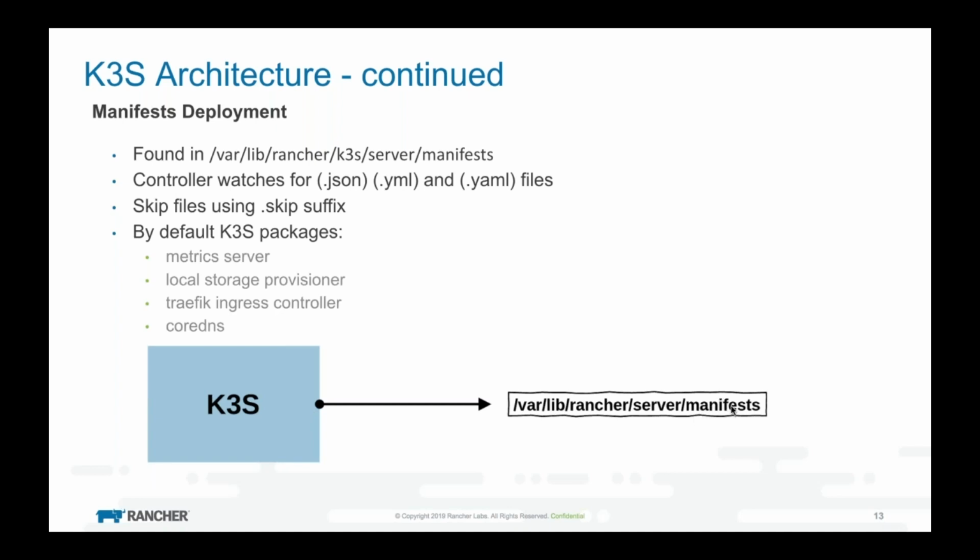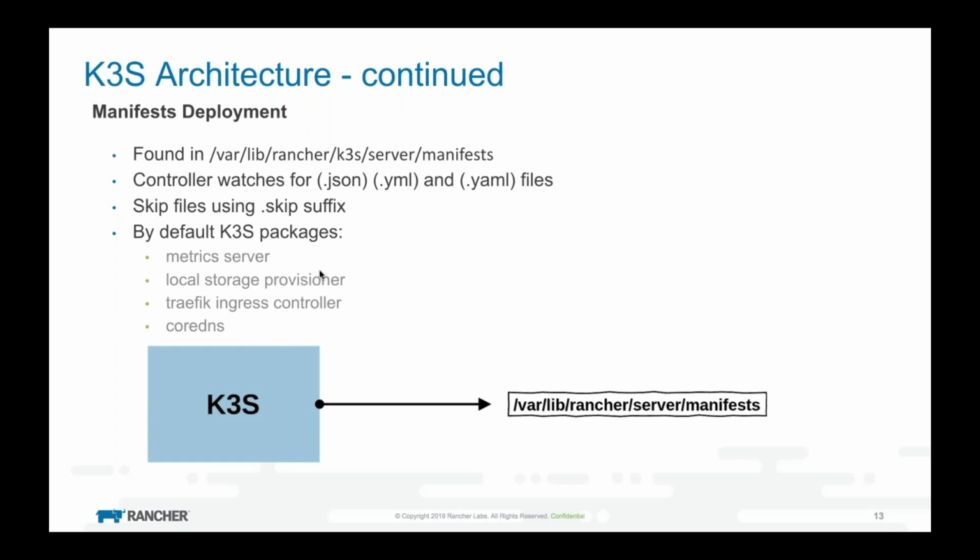And if any YAML file or JSON file happens to be there, it will install it as an add-on. So basically, if you have a YAML file that installs a pod or a specific service or anything, you can just drop it in this directory, and the manifest auto deployment will just pick up the YAML and install it. So you can skip files there using the .skip suffix, or just remove the file from the directory, and it will not be picked up.